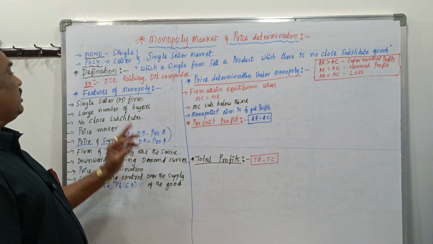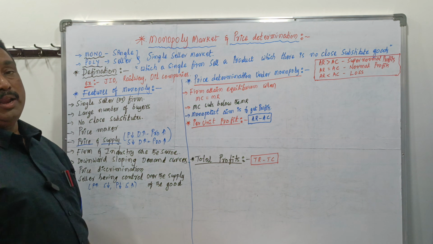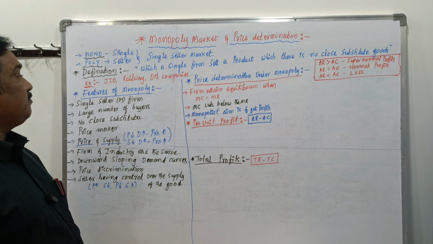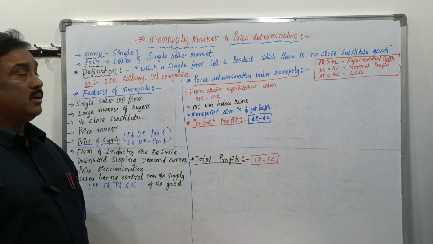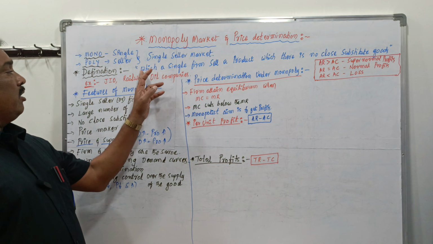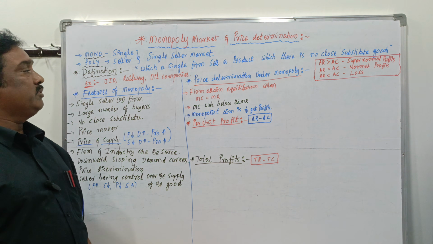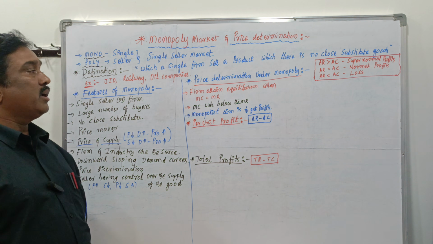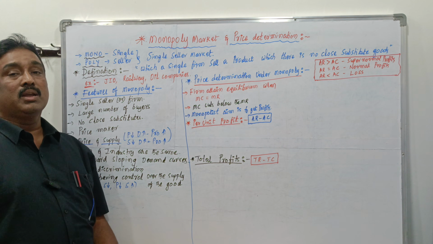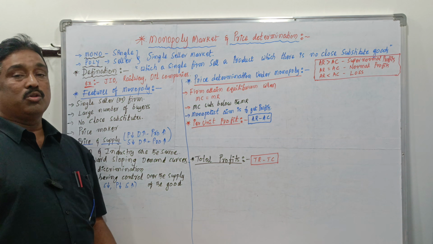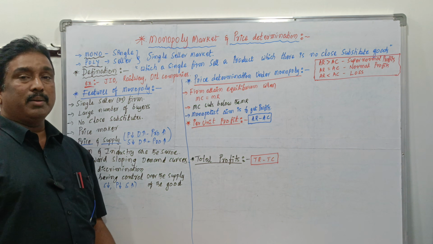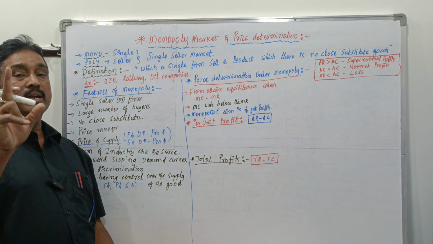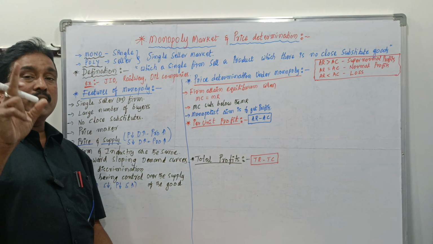The monopoly market is nothing but a single seller market. So listen here, what is the definition of the monopoly market? A simple one-line definition: the monopoly market is one in which a single firm sells a product. Single firm means an industry or one group of industry. So in the monopoly market, firm and industry are the same because only one firm, one seller, is there.